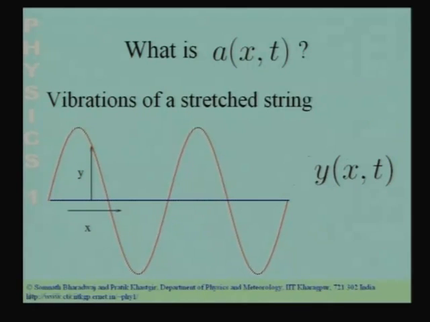So, the point I am trying to make here is that we are going to discuss the whole wave phenomena in today's lecture in terms of a variable A. The physical significance of this variable A will be determined by the physical situation that we are analyzing. If you are analyzing sound waves, A will correspond to density fluctuations. If you are analyzing waves on a stretched string, A will correspond to the transverse displacement of the string, and if you are considering some other physical situation, the physical significance of the variable A will change.